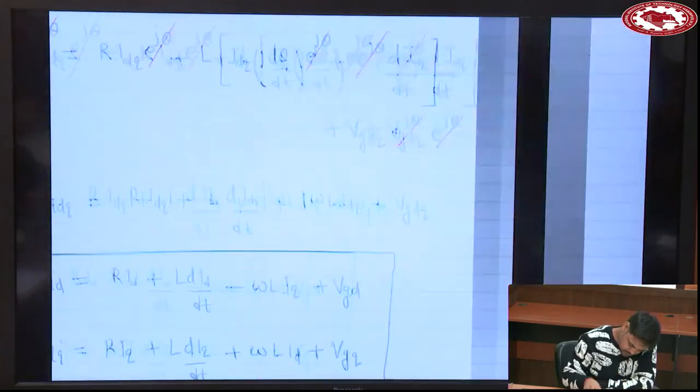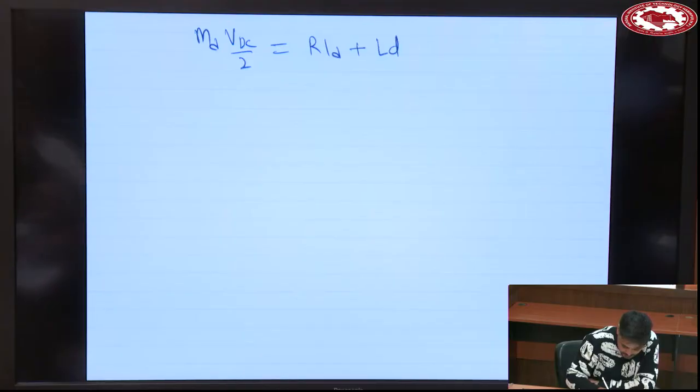Again, put this value. MD VDC by 2 is equal to RID plus L DID by dt minus omega L IQ plus VGD.